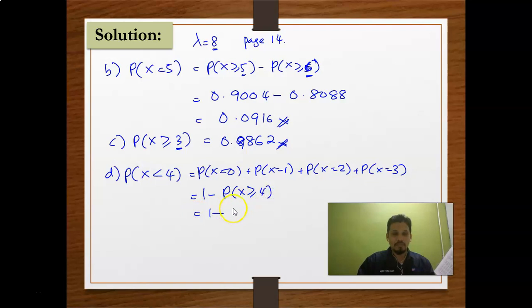With lambda equal to 8 and r equal to 4, the value here is 0.9576, so 1 minus 0.9576 equals 0.0424.